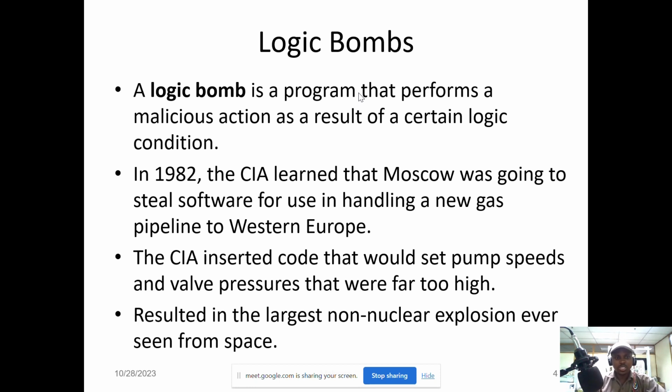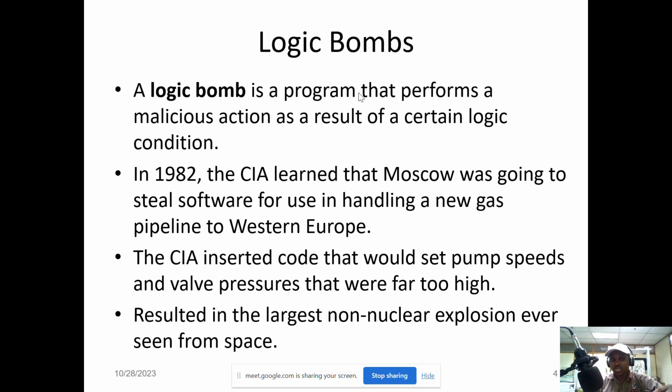So there's this example that I've actually put in my slide, where in 1982 the CIA learned that Moscow was going to steal software for use in handling a new gas pipeline to Western Europe. So what they did was insert code that would set pump speeds and valve pressures that were far too high. But this code was embedded in the control system.